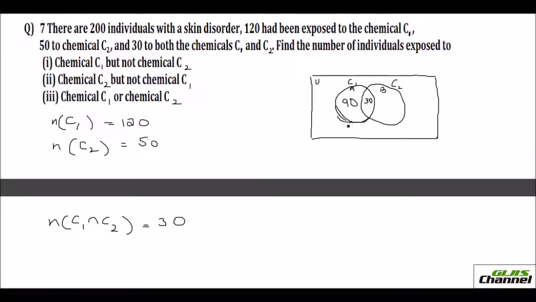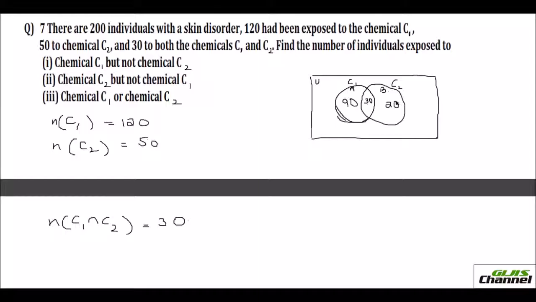Now if you look at the C1 circle, totally there are 120 people. Coming back to C2, they say 50 people were exposed to chemical 2. Here the whole circle is for C2 and 30 is already shown here. You will have the rest 20 to be shown here.